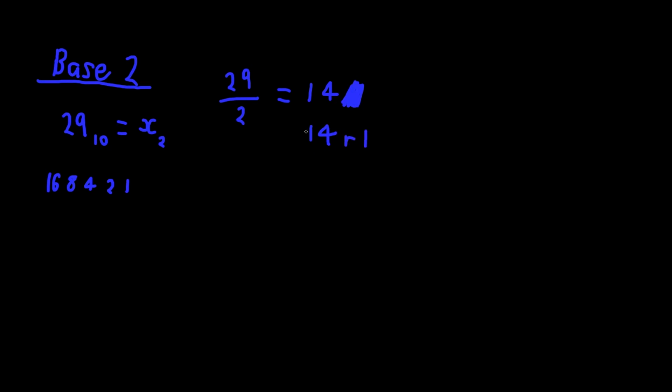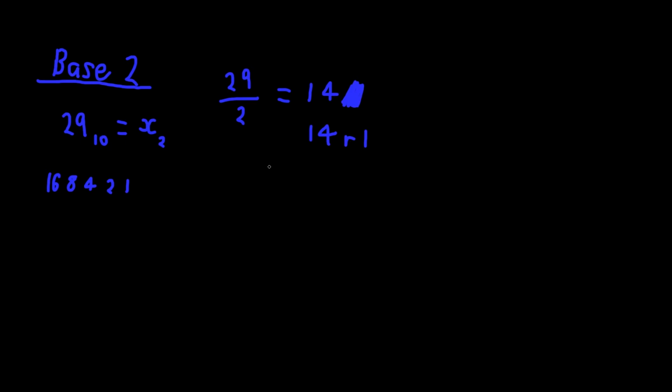And that is significant because this remainder is 1, and that tells us what one of our digits is. This can be 0 or 1. That is no coincidence. This remainder can be 0 or 1, which happens to be the digits in base 2, because we're dividing by base 2, or just 2.